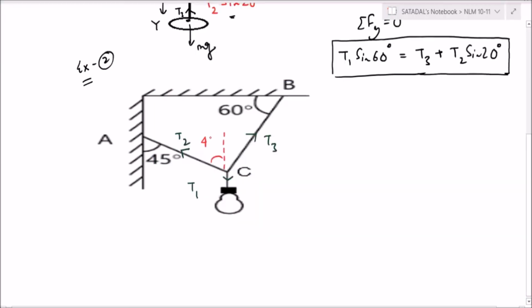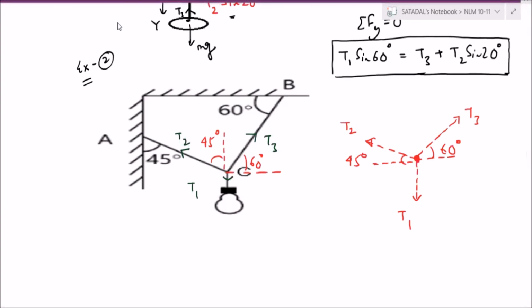This is 45 degree, this is 60 degree. So this is T1, this is T3, this base angle is 60 degree, and this is the direction of T2 where the base angle is 45 degree.